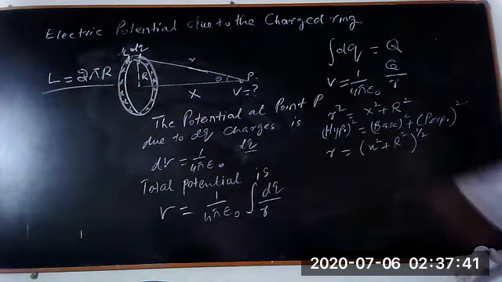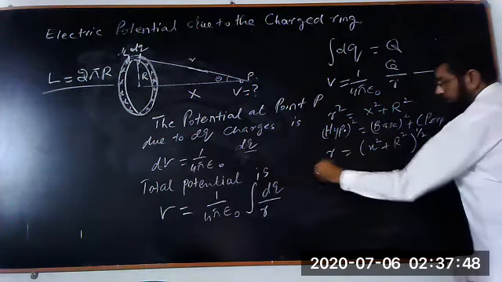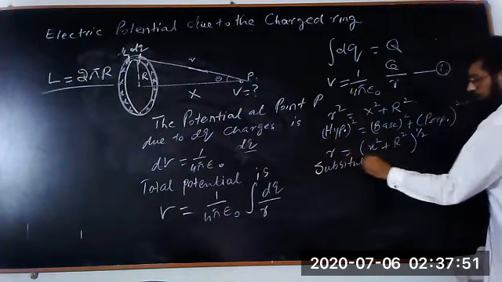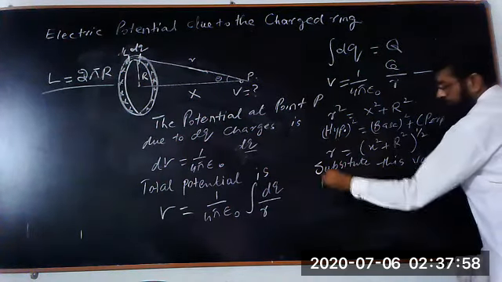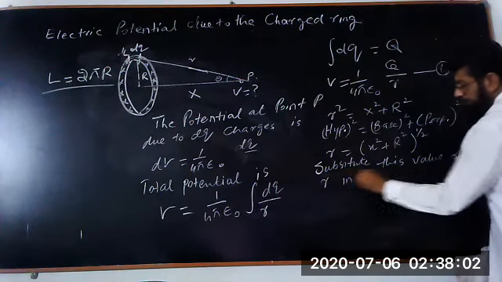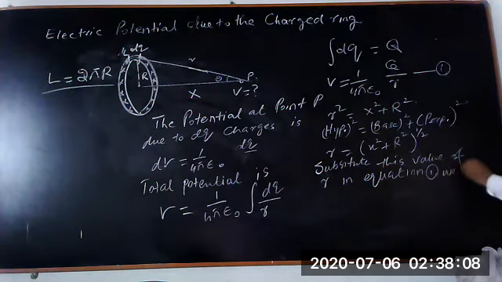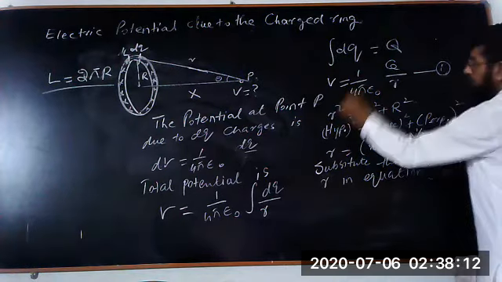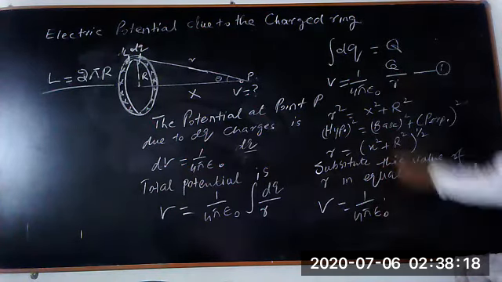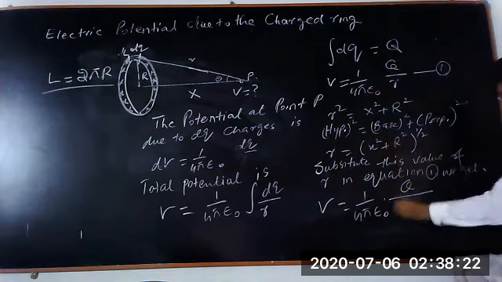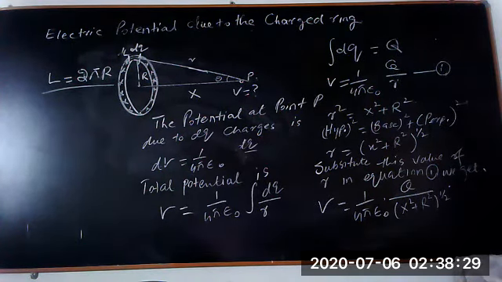So therefore, substitute this value of r in equation number 1, we get V is equal to 1 over 4 pi epsilon naught, Q upon r, and r is equal to x square plus R square power 1 by 2. This is the potential.